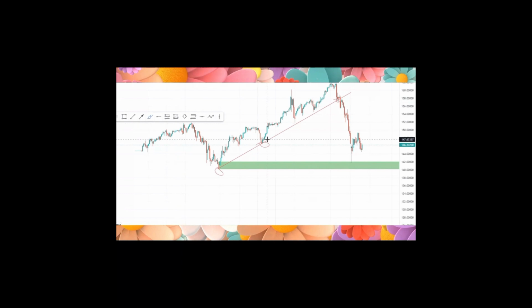I've just been focusing on EUR USD for almost two months now, and it has been doing well for me. So I said I should check on this one and see how I can predict the future move.